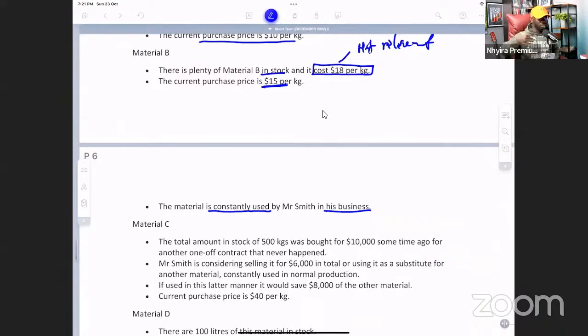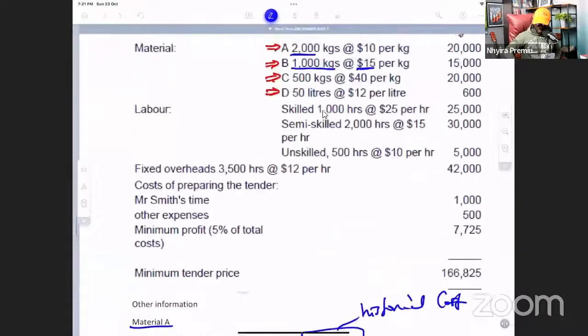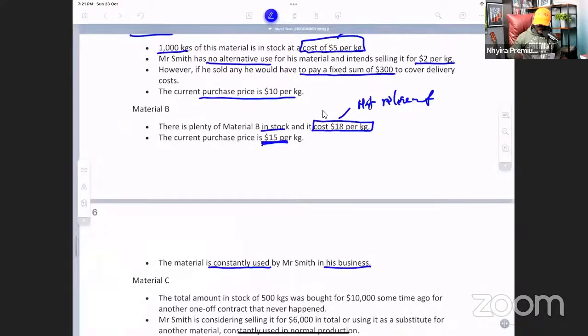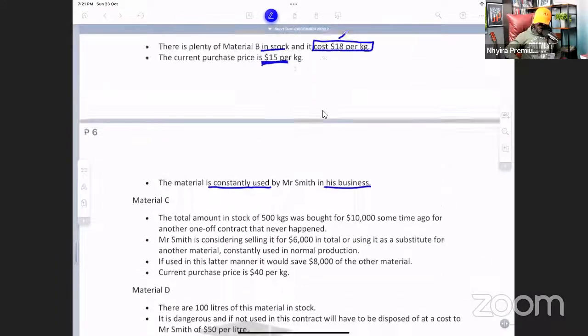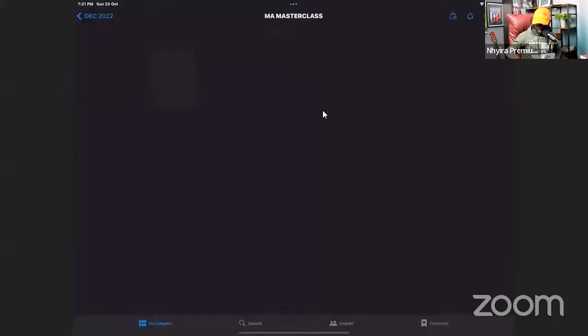So because it is in constant use, when we use it for this project, we would have to replace it. So let's go back. We need 1,000 and the current purchase price is $15 per kilogram. So we go to the second note.